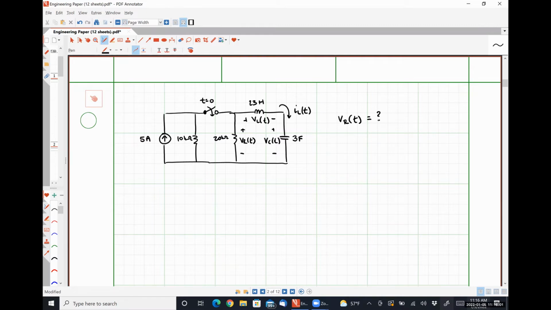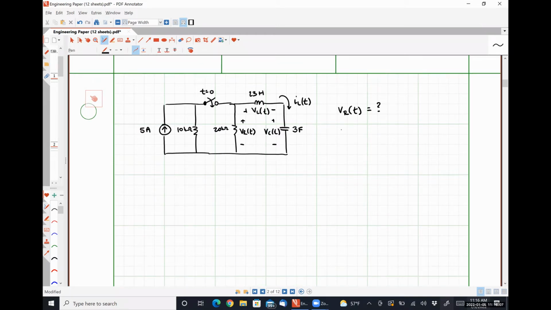Pick one. Capacitor voltage. All right. That's arguably the hardest possible quantity to solve for to figure out what the resistor voltage is, but it's not that much harder, so it'll be okay.